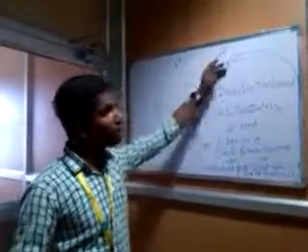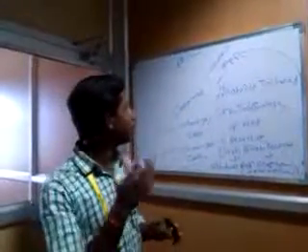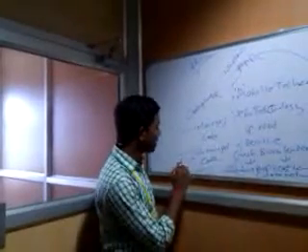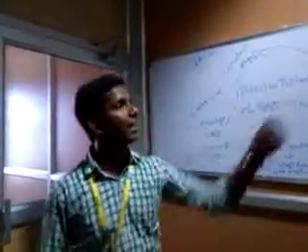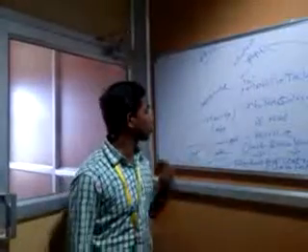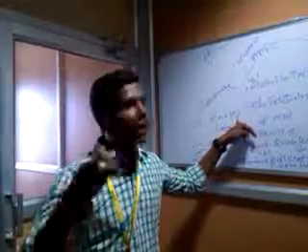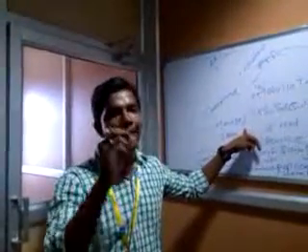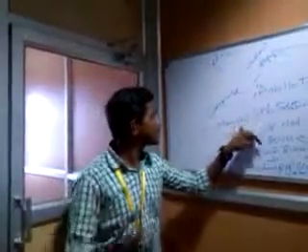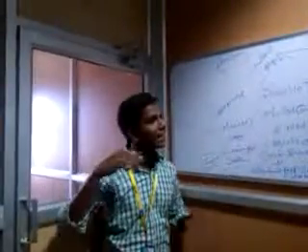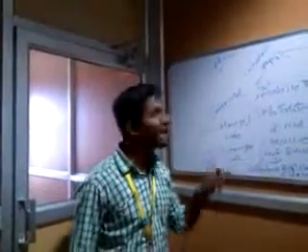The .NET languages which are supported by the CLR are known as managed code. The third party languages that won't take the help of the CLR are known as unmanaged code. Managed code is the code which takes the help of the CLR, the common language runtime, and the code which doesn't take the help of the CLR is known as unmanaged code.